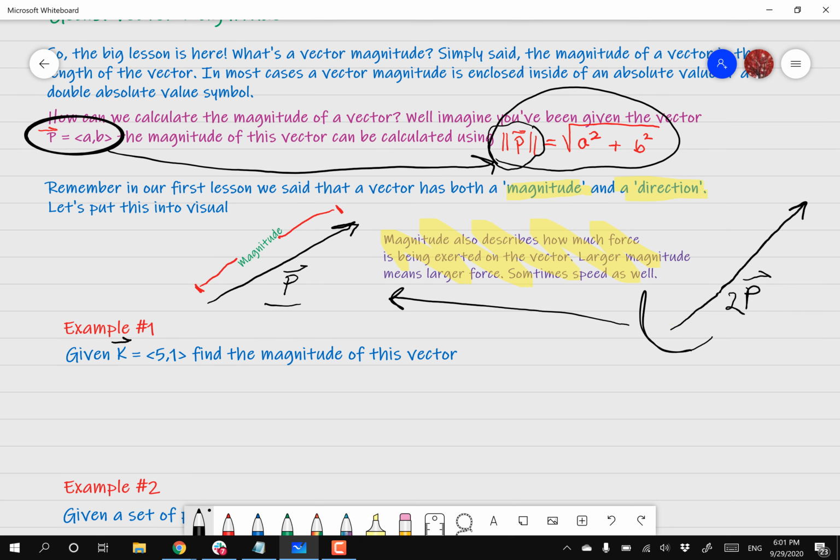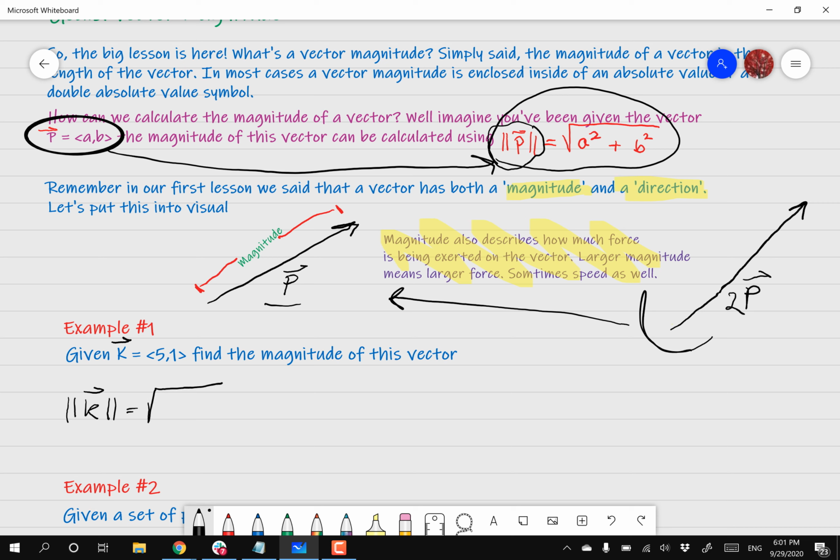All right, so we're given vector k. It's going to have the components 5 and 1, and we want to find the magnitude of this vector. Well, we know that the magnitude of vector k can be obtained using that formula above.